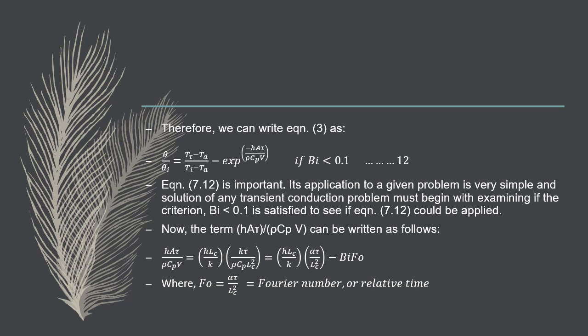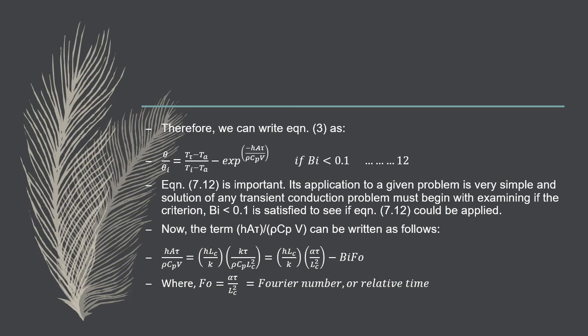Now, the term hAτ/ρCpV can be written as follows. hAτ/ρCpV equals hLc/k into kτ/ρCpLc², which equals hLc/k times ατ/Lc², which equals Bi·Fo.